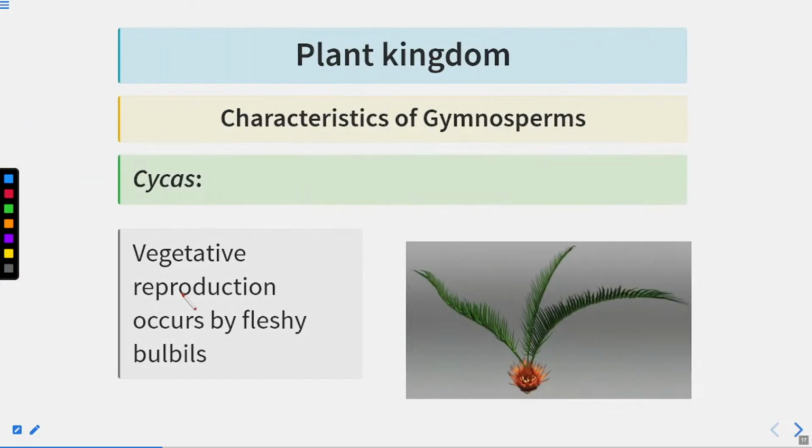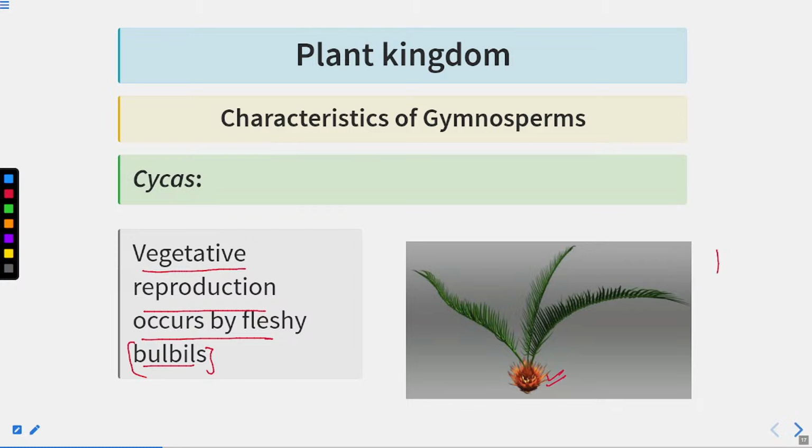Okay, so let us talk about the propagation in the case of Cycas. How does reproduction in Cycas occur? Vegetative reproduction occurs by the fleshy bulbils. This is one of the figures showing the bulbils.